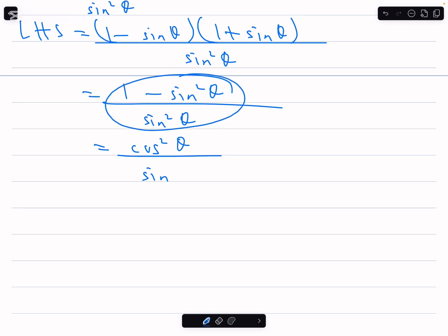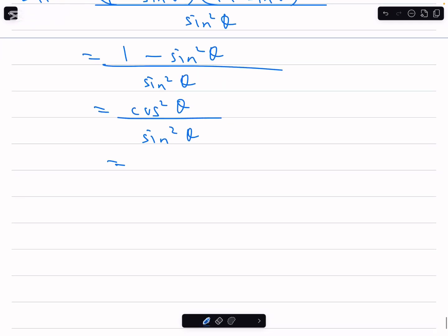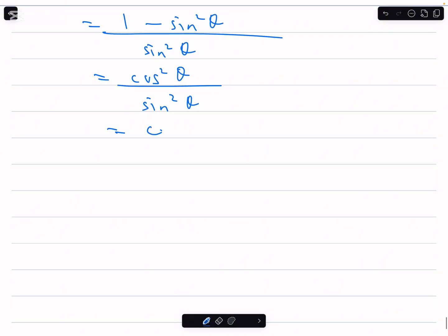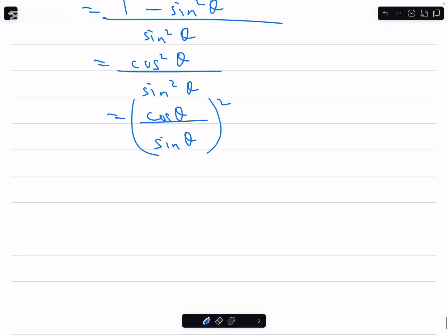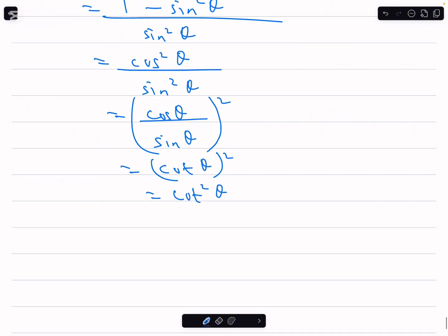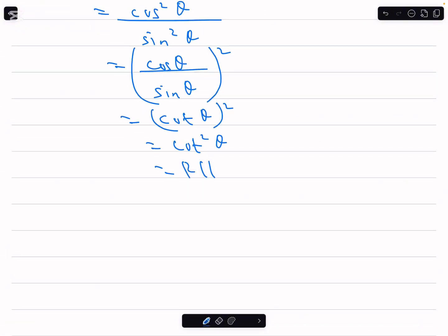So the whole of this will become cos squared theta over sine squared theta. And that's the same as the square of cos theta over sine theta, which is simply the same as the square of cot theta, which is written cot squared theta, and that is the right hand side. And that's it, very, very simply.